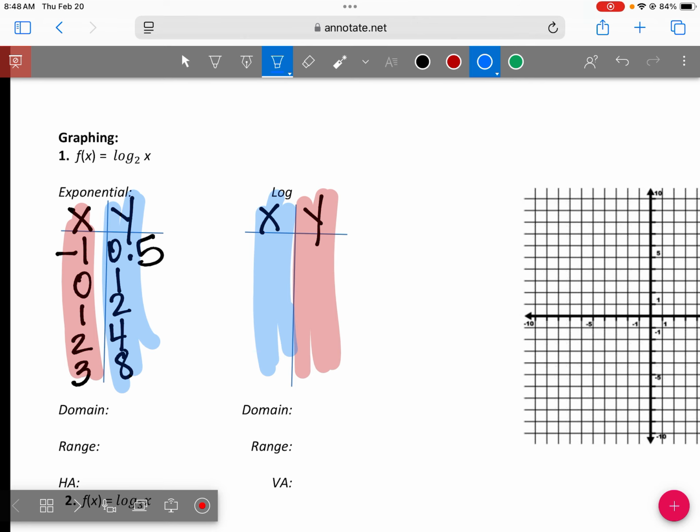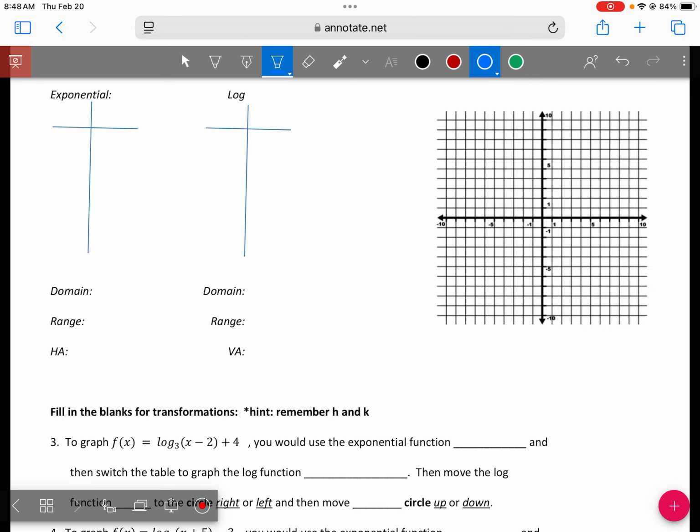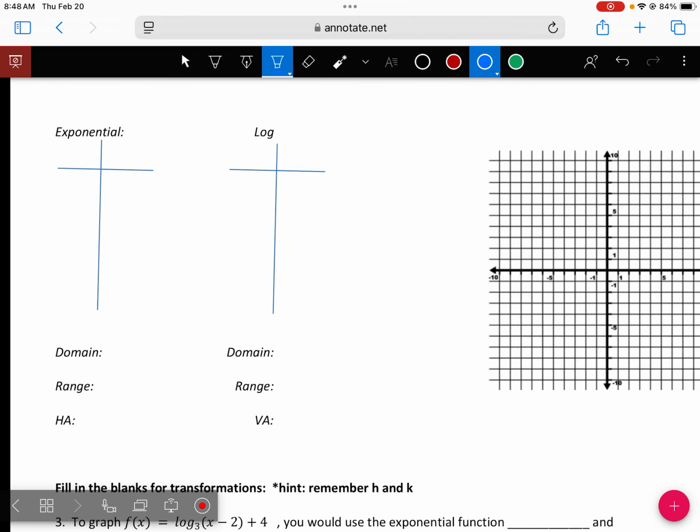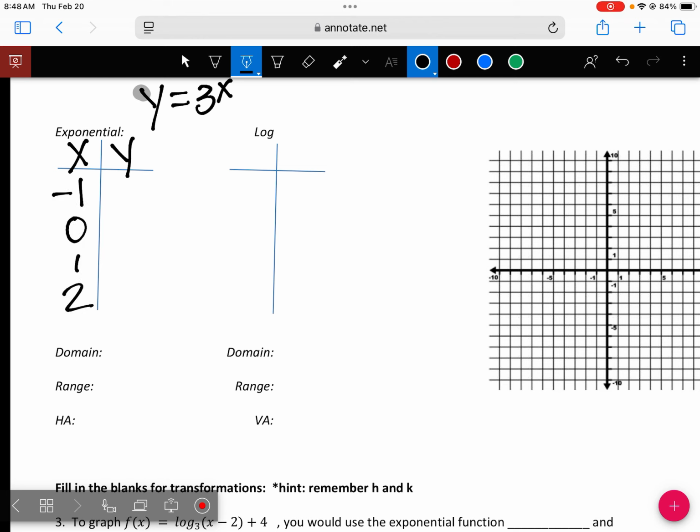And then on the back, you have to do log base 3. So on the back, that's y equals 3 to the power of x. So I'm going to help you all with that too. We only use 4 numbers because we don't have enough space. Now do the same thing. Flip it.